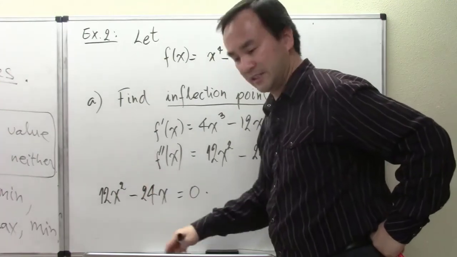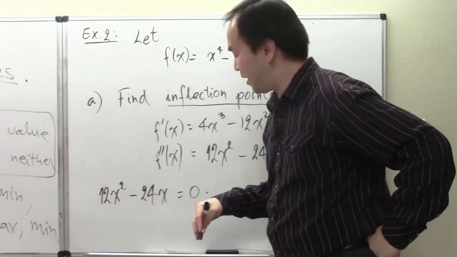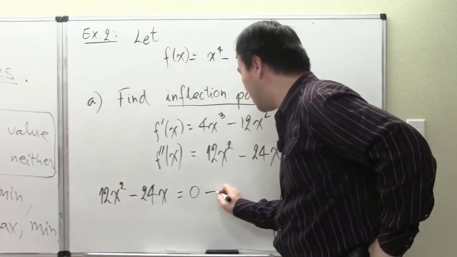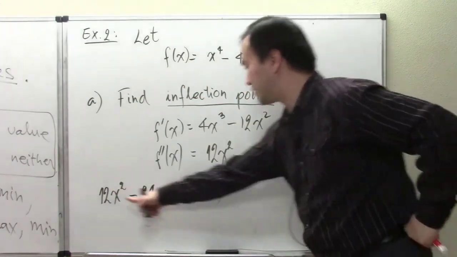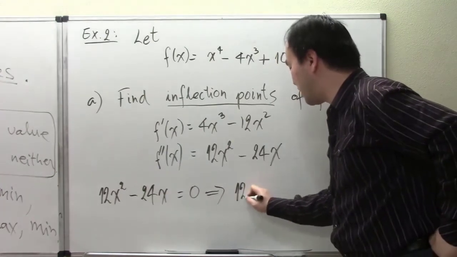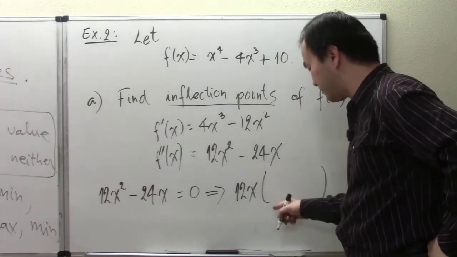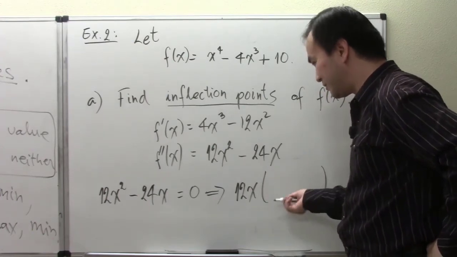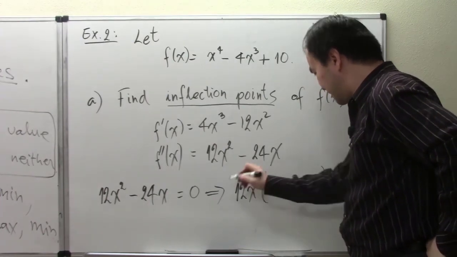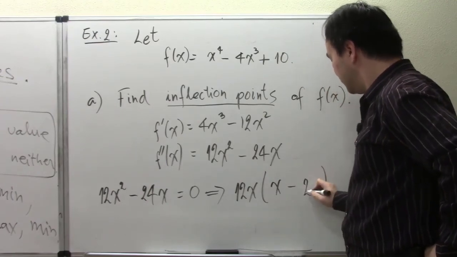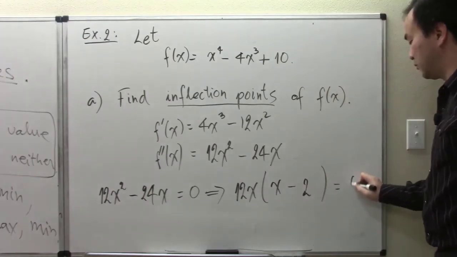It's a quadratic, and you have a number of ways to solve it. I'm more comfortable with factoring, so I'll factor out 12x, and the factoring here is easy enough. So 12x times x minus 2 equals 0.